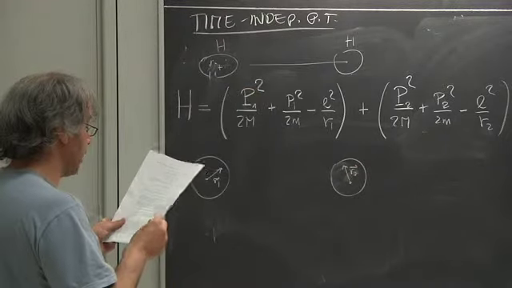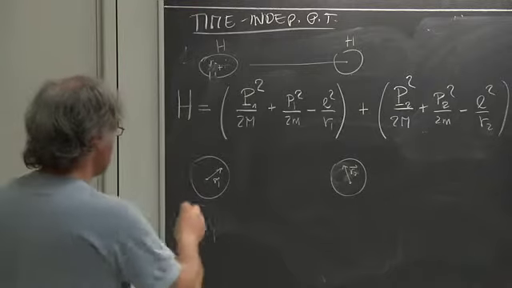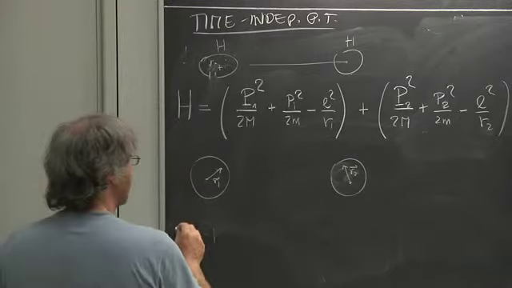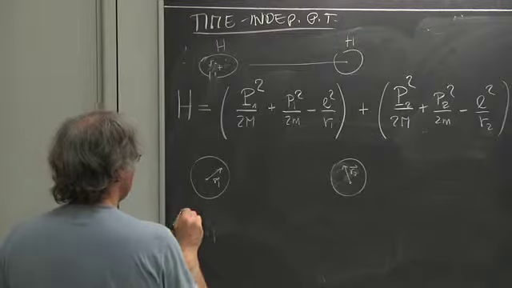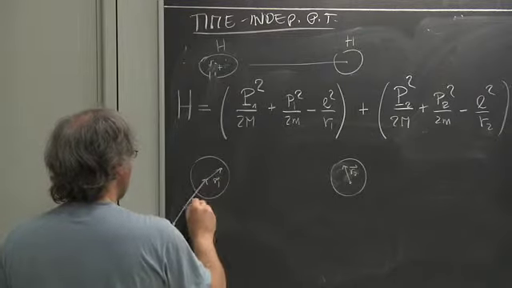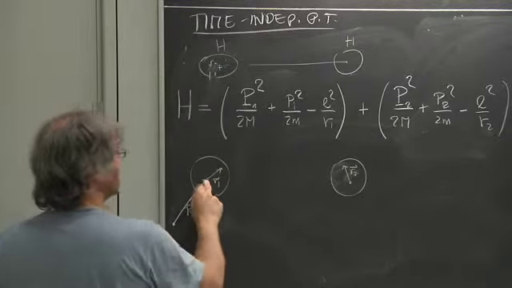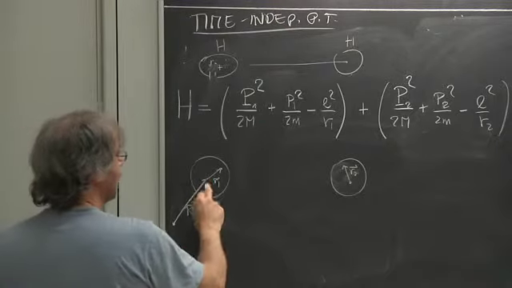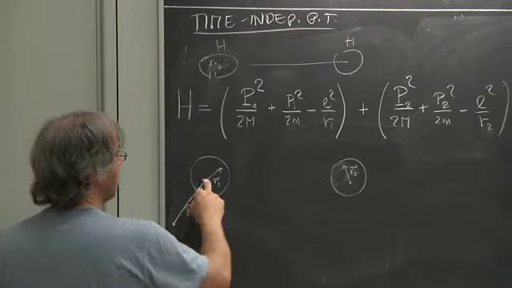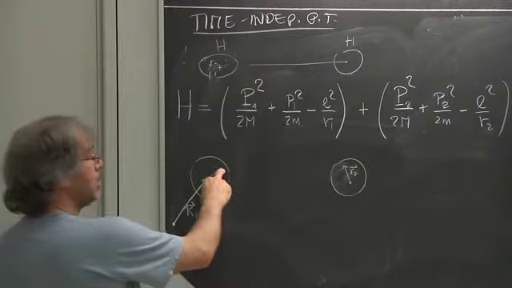So if I really had to fix a common origin, for instance here, there would be big R1, which is the coordinate of the first nucleus, and then the coordinate of the electron would be big R1 plus small r1, okay?